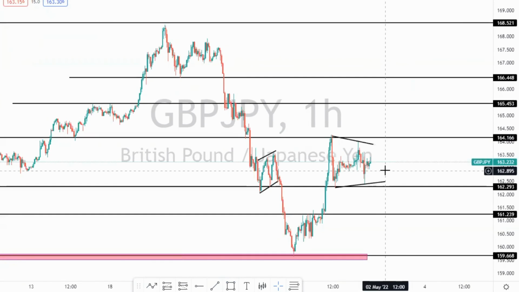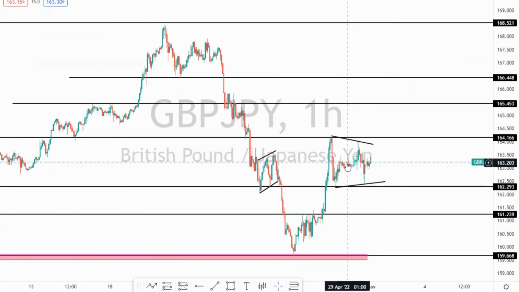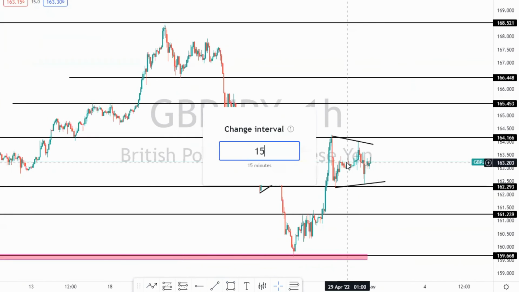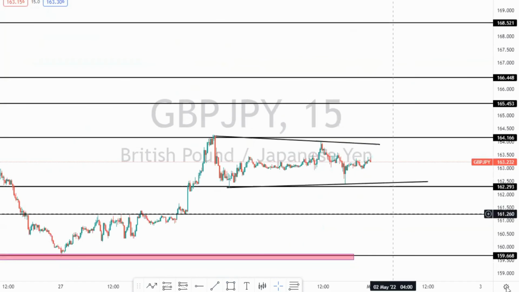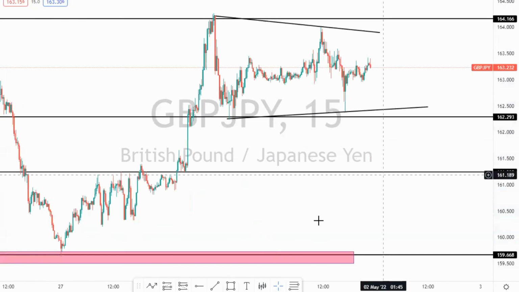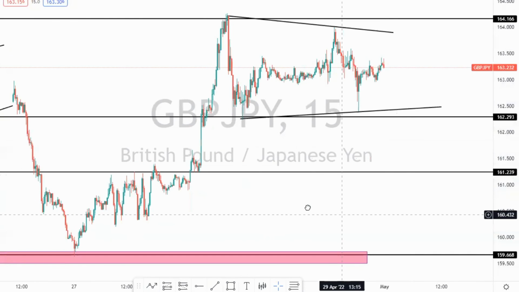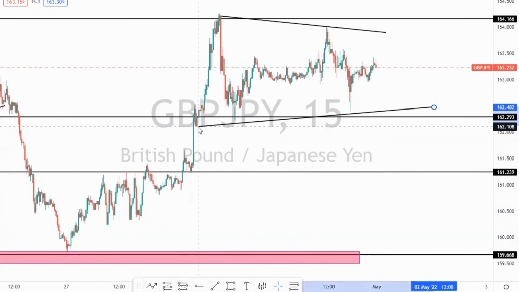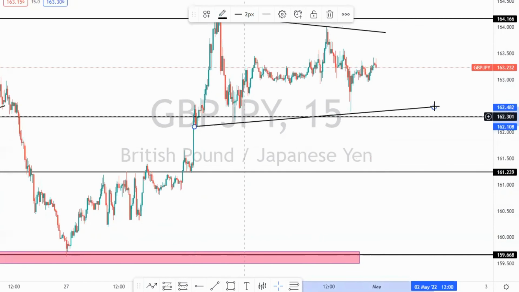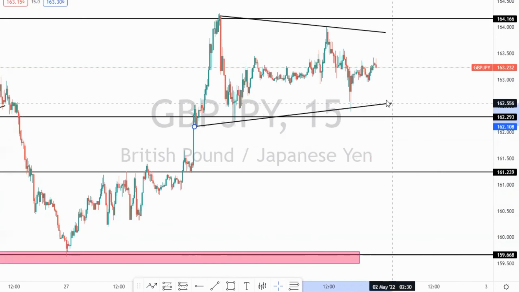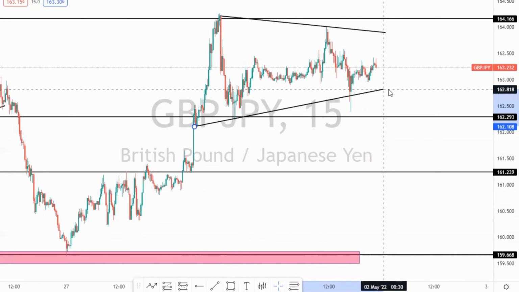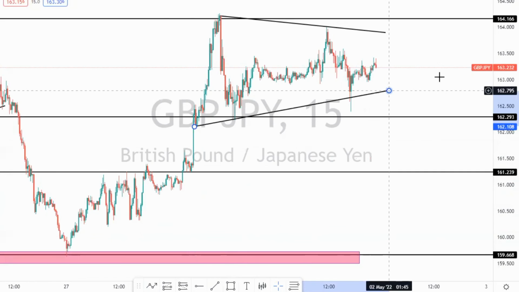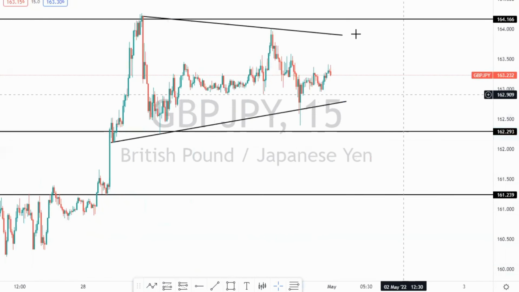So with that being said, let's go down to the 15 minutes and let's see what's happening on the right shoulder, a potential right shoulder. This was my 1, 2, 3, right? So that is why we also had potential bias, right?